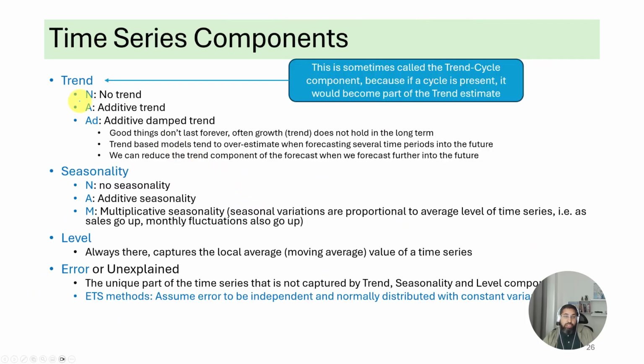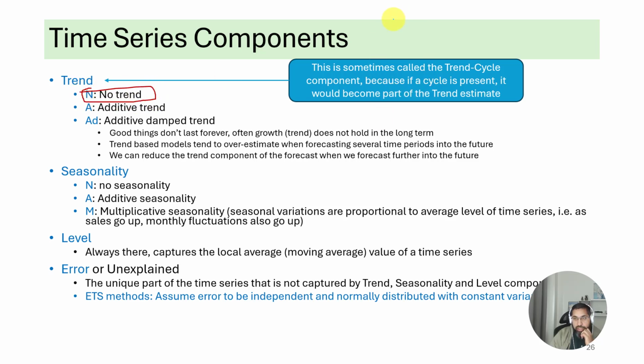Okay, so this is a family of methods. We're going to use some notation to identify which method in the family we're going to talk about. Whichever method we deploy, if we think there's no trend in our data and we want to deploy an ETS method, or an exponential smoothing method, that does not care about the trend, we're going to say N for trend.